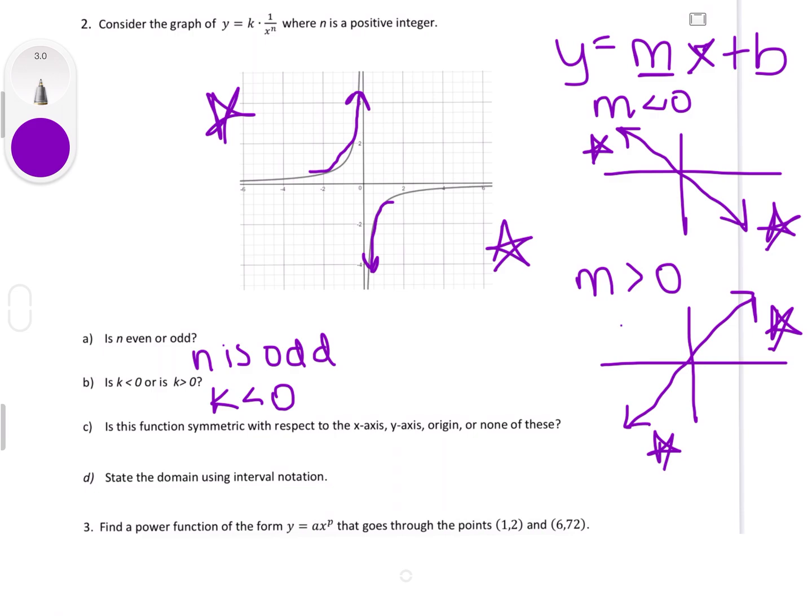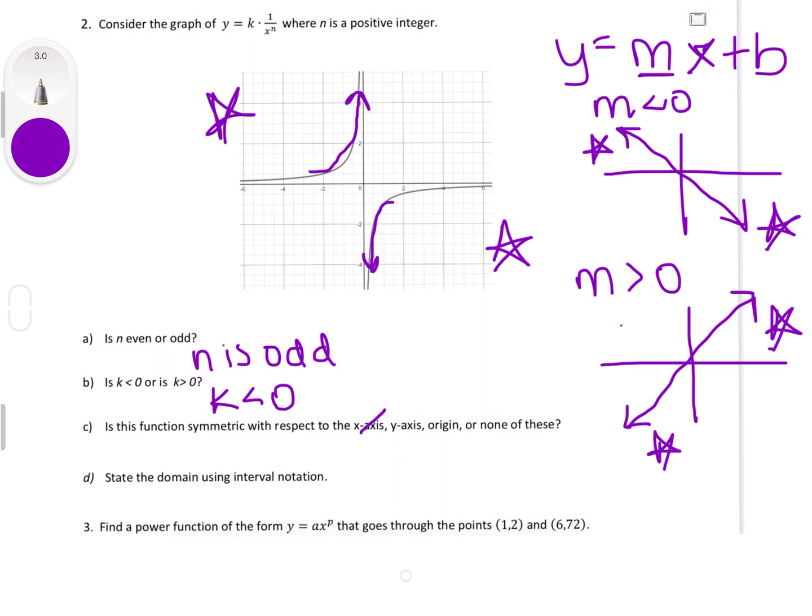So we know it can't be symmetric with respect to the x-axis, right? Because no functions can be symmetric with respect to the x-axis, or else it wouldn't be a function. It wouldn't pass the vertical line test. So that's out. So remember, I think of symmetry as where can you fold your graph so that your quadrants line up, right?